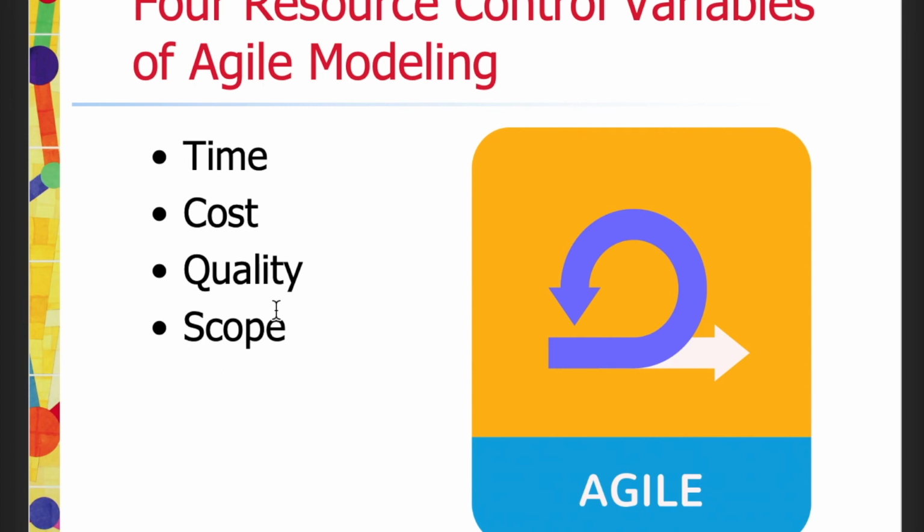Next is the quality. Of course, if you have a lot of time and a lot of cost, but you don't develop a quality product, you are not going to develop a very successful system in the future. Next is scope.